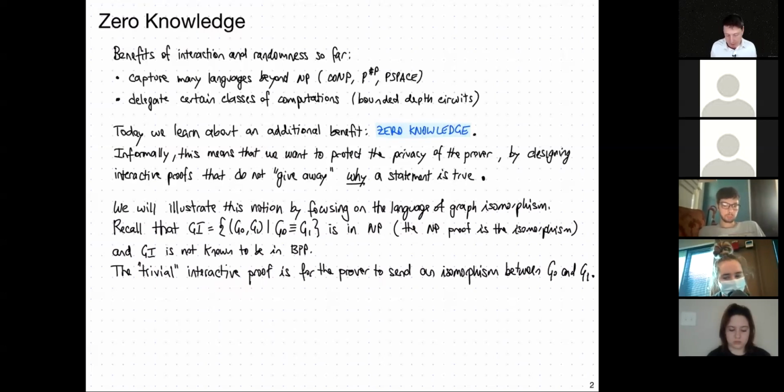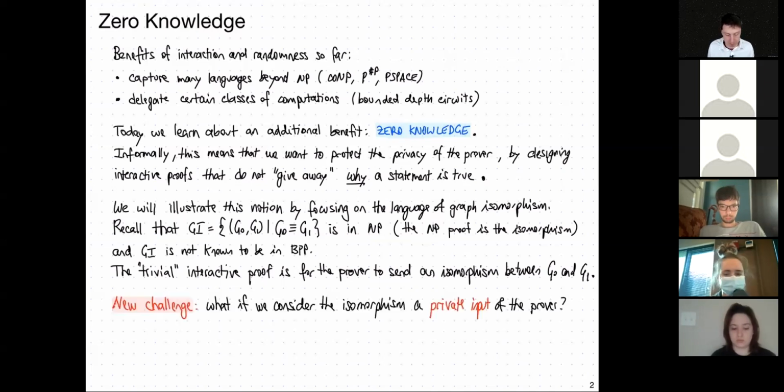And giving you the permutation is like a trivial interactive proof, because if you remember, NP is a special case of IP. It is precisely when the prover partakes in interaction in this trivial way by just sending the NP witness. The verifier doesn't flip any coins, just reads the NP witness in full and decides whether to accept or reject. So this trivial interactive proof is an interactive proof.